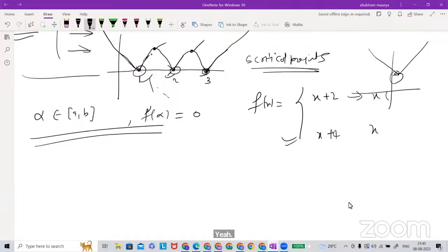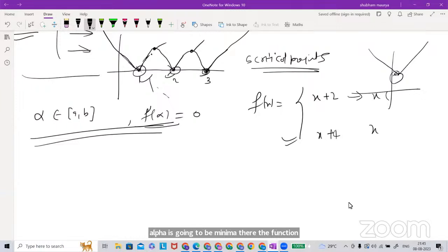So once you know that alpha is going to be a critical point, how will you check? In the differentiable case, if it's differentiable there and the derivative is 0 there, then if f double prime is greater than 0, the function attains a local minimum.